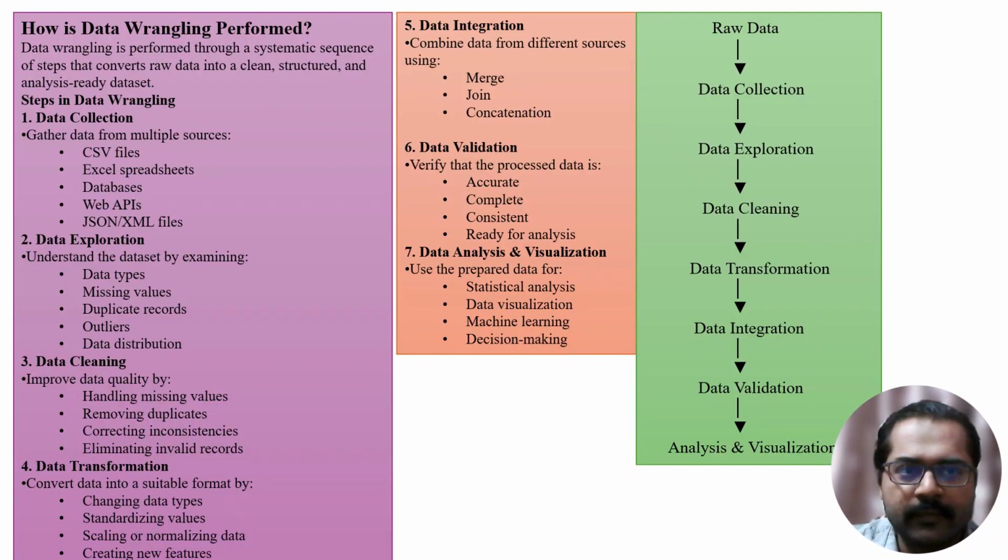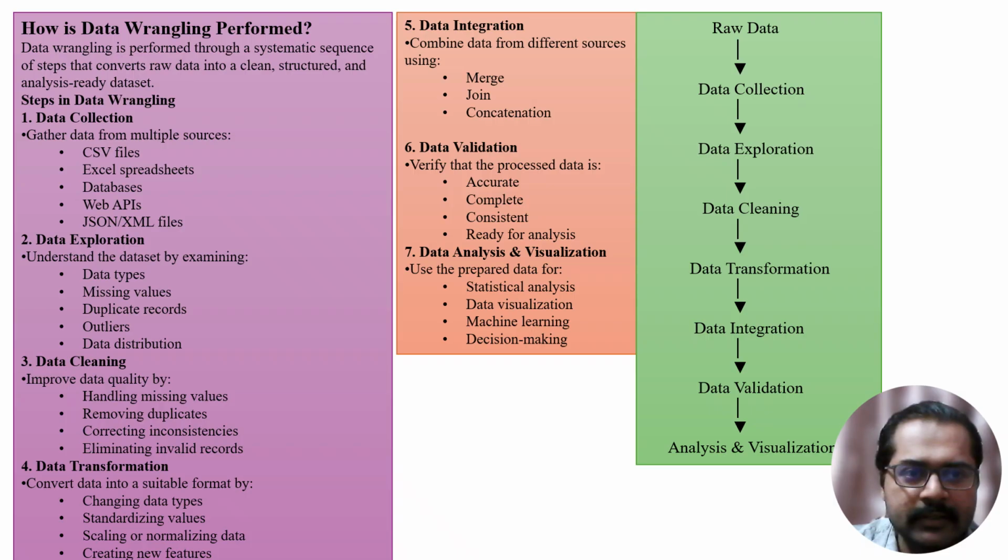So how is it performed? Data wrangling is performed through a sequence of steps. It converts raw data into a clean, structured, analysis ready data set. First step is data collection. Gather data from multiple sources like CSV files, Excel spreadsheets, databases, web APIs, and JSON and XML files.